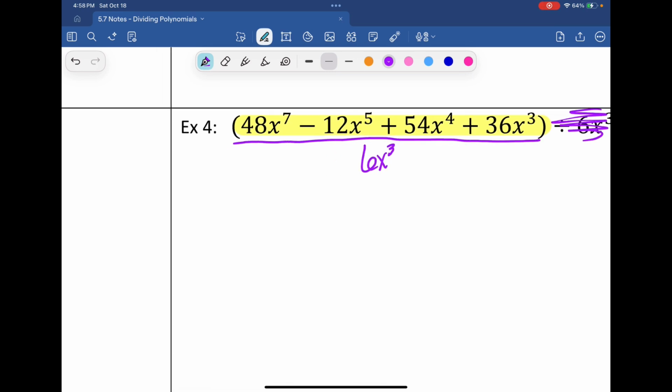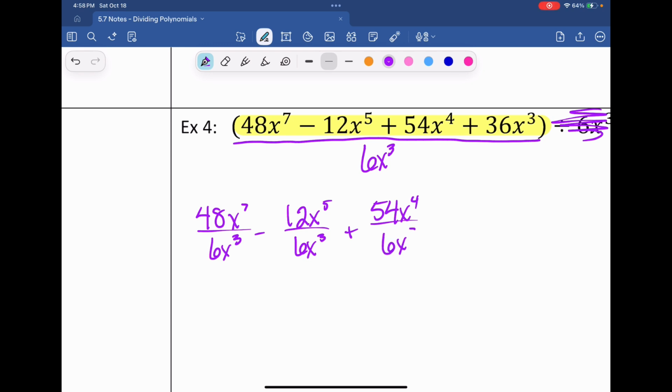We can decompose the fraction. And then simplify each piece.